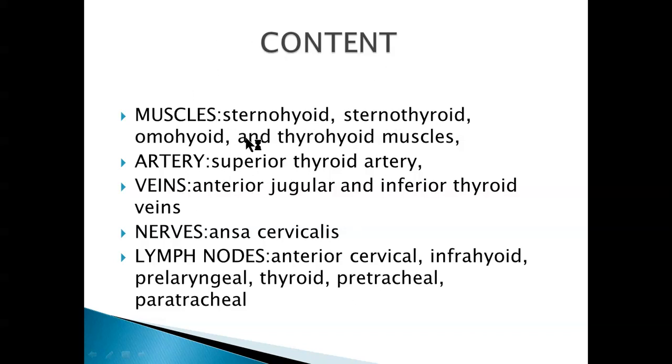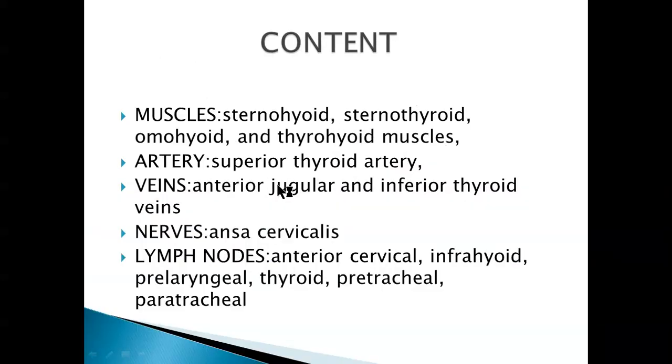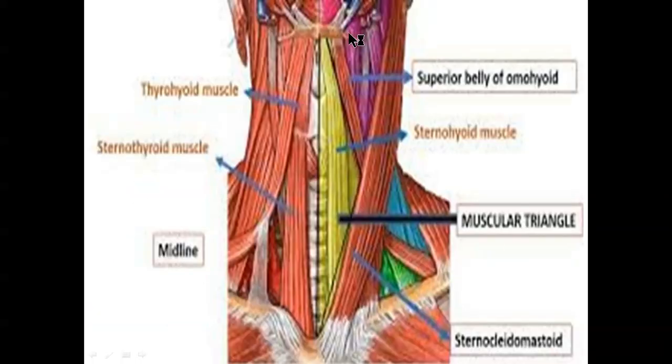muscles of this muscular triangle would be infrahyoid muscles, not suprahyoid muscles. All right. So here we can see this is the muscular triangle with all the four strap muscles. Why strap? Because these are the strap muscles below your hyoid bone. Now, which are these muscles? Thyrohyoid. Why thyrohyoid?